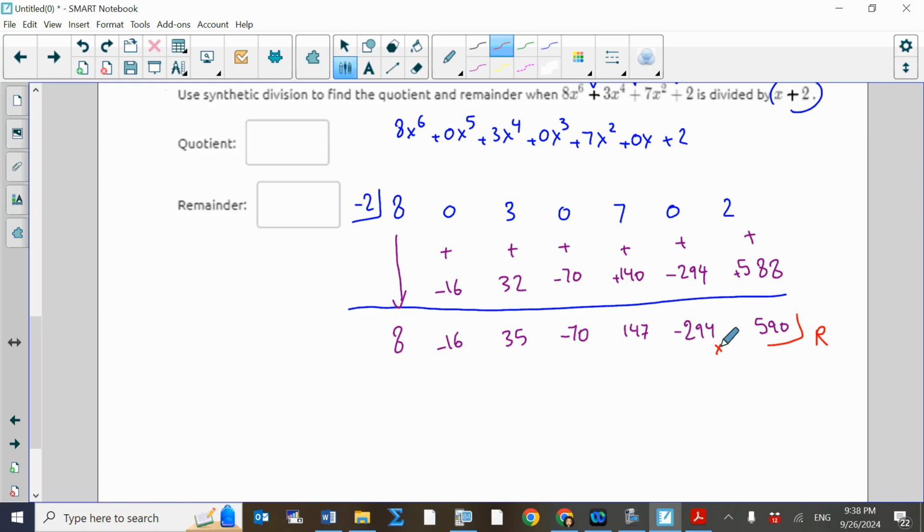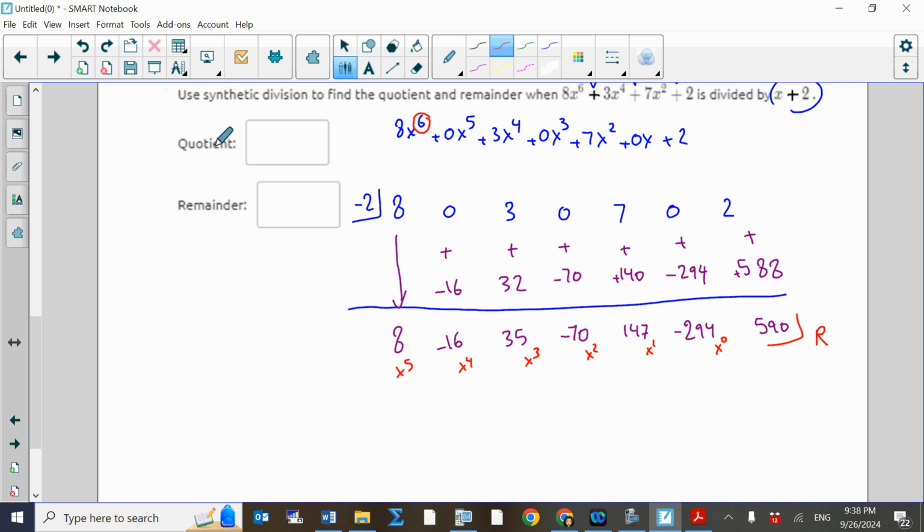The first one is the coefficient of x to the 0, then the coefficient of x to the 1, x to the 2, 3, 4, and 5. As you see, the highest degree of the quotient is 1 less than the degree of the original dividend.